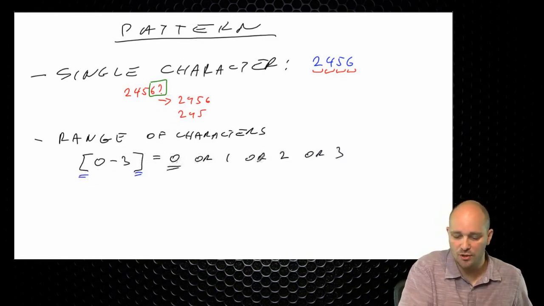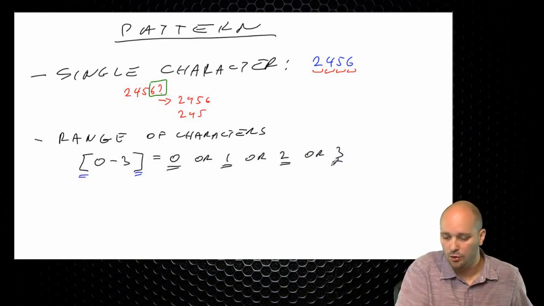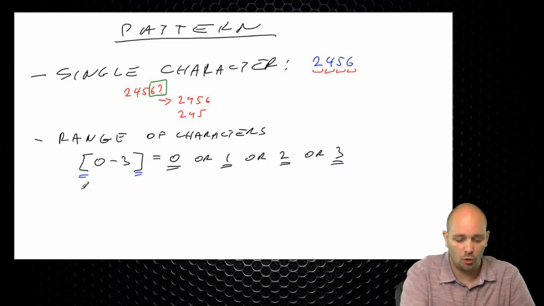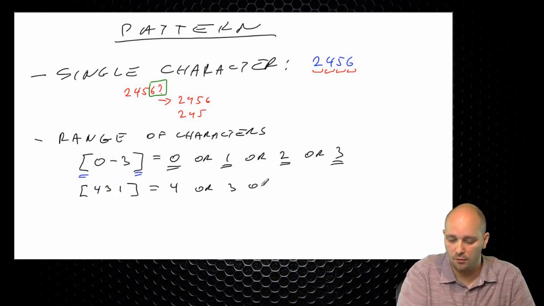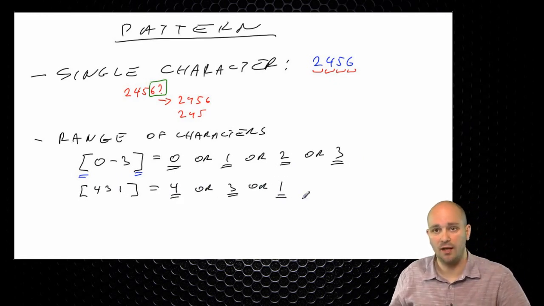So it matches the range from 0 to 3. Now, you can also write something like this. This matches 4, or 3, or 1, but again, just a single character.